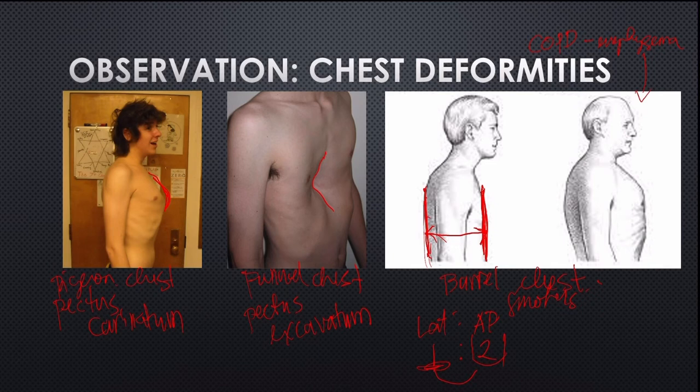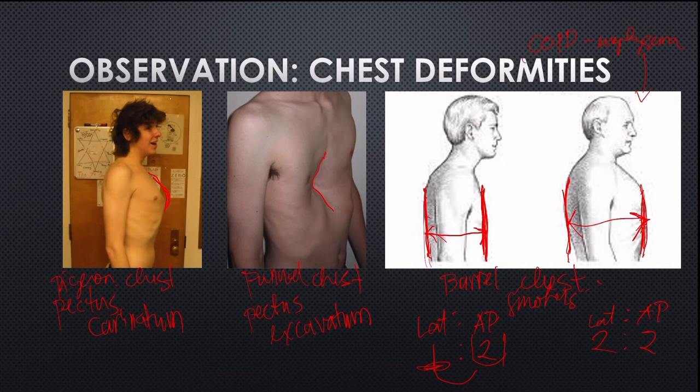But in barrel chest, your lateral and AP diameter is equal, 2:2, meaning the lateral view will have the same diameter as when the patient is facing towards you, in AP view. Okay? Because there's hypertrophy of the muscle, it widens, it enlarges, to help them expel air.